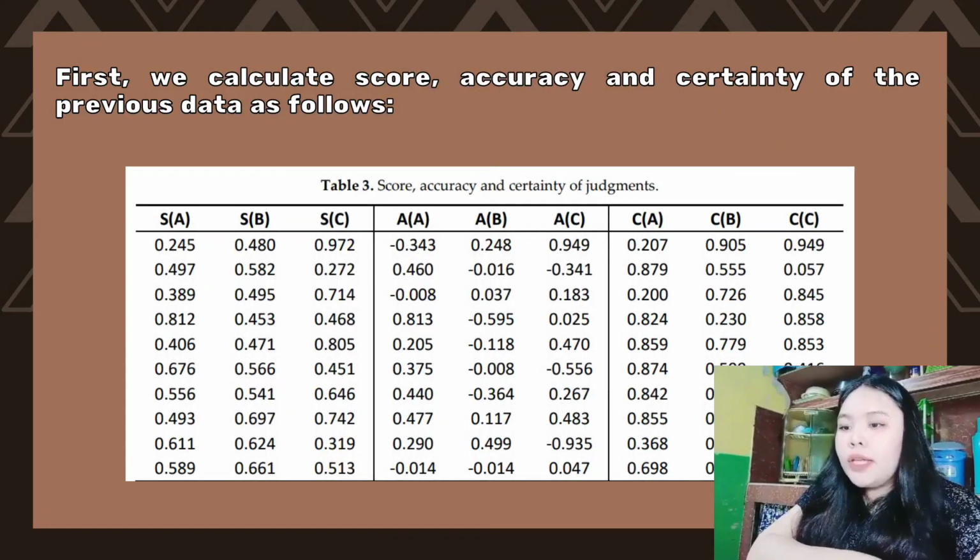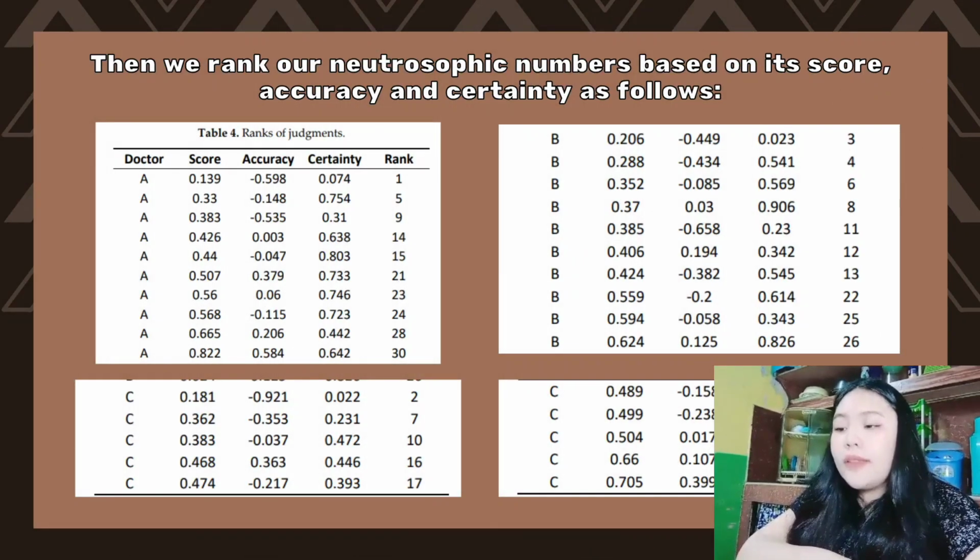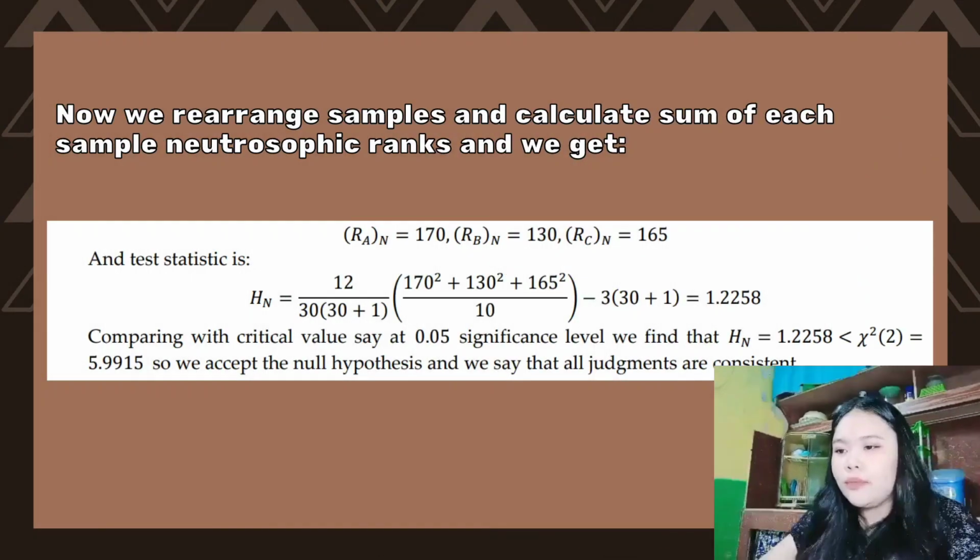First, we calculate scores, accuracy, and certainty of the previous data as follows. Then, we rank our neutrosophic numbers based on its score, accuracy, and certainty as follows. Now, we rearrange samples and calculate sum of each sample neutrosophic ranks, and we get it.